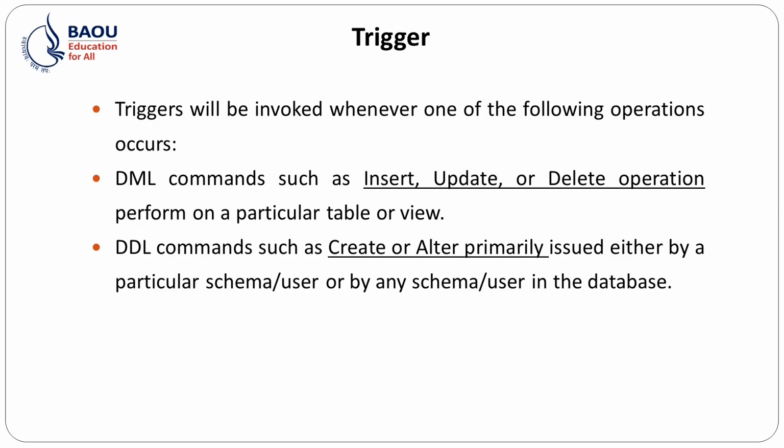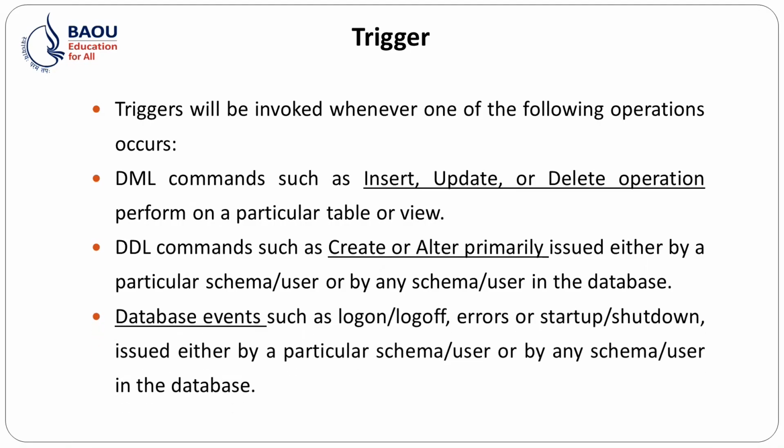The second is DDL commands, such as create or alter, issued either by a particular schema or user or by any schema or user in the database. The third is database events such as logon or logoff, errors, or startup or shutdown, issued either by a particular schema or user or by any schema or user in the database.